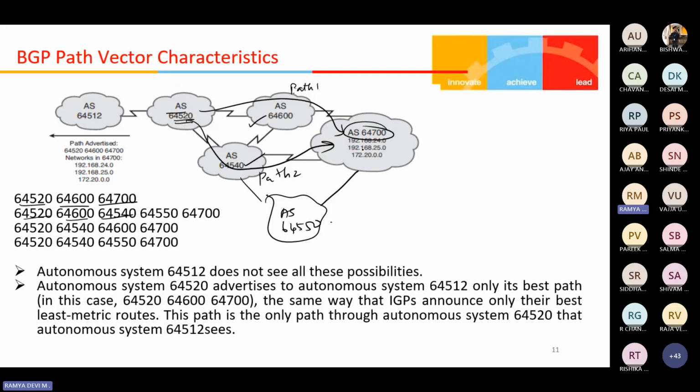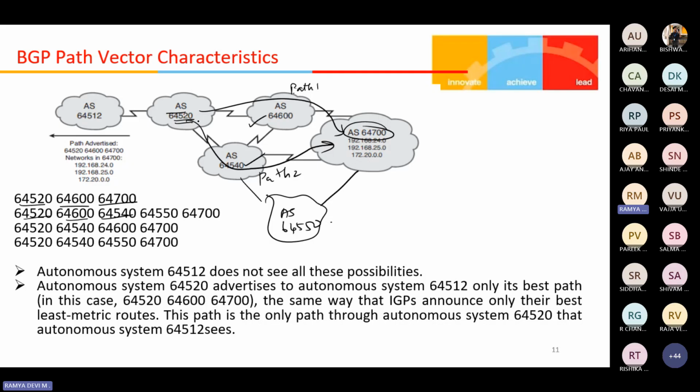It can be based on the shortest AS path, highest local preference, lowest origin type, lowest MED value, eBGP preferred over iBGP, or else the lowest cost. In this example, they've taken 64520.